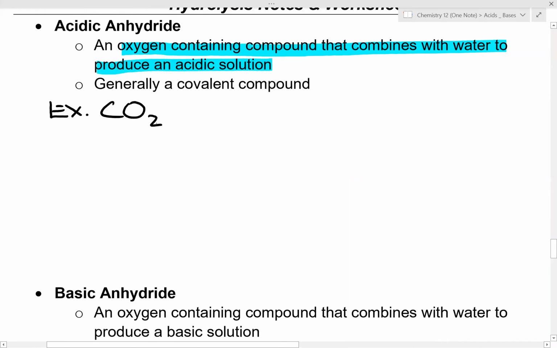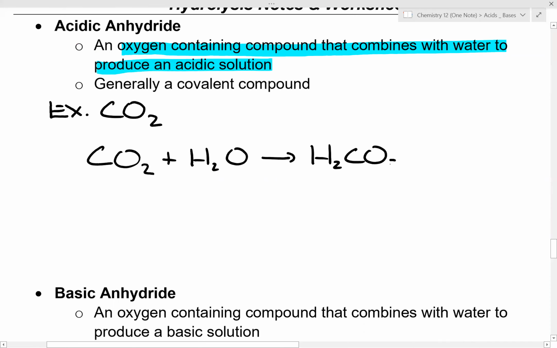Carbon dioxide. Now, when carbon dioxide reacts with water, it will form carbonic acid, H2CO3. So this is carbonic acid.